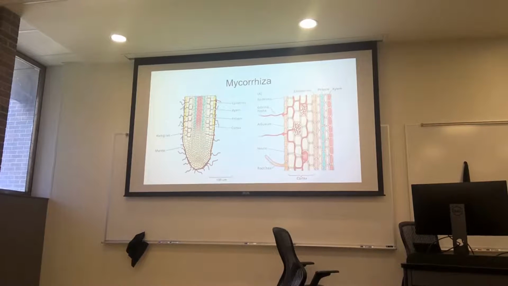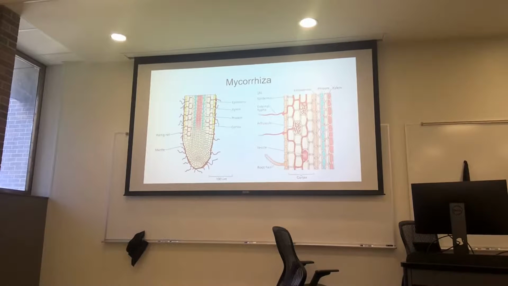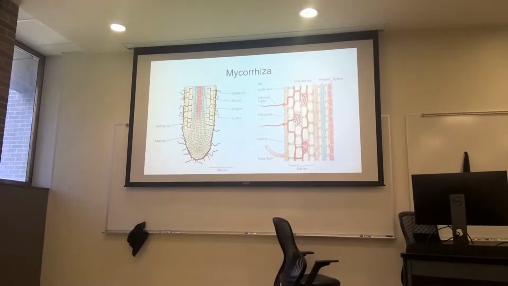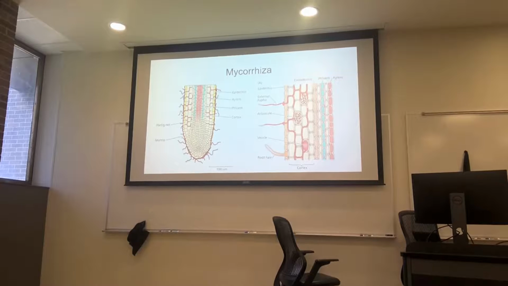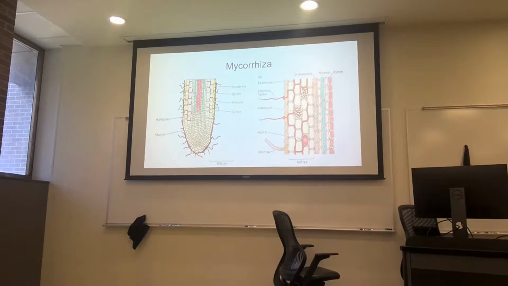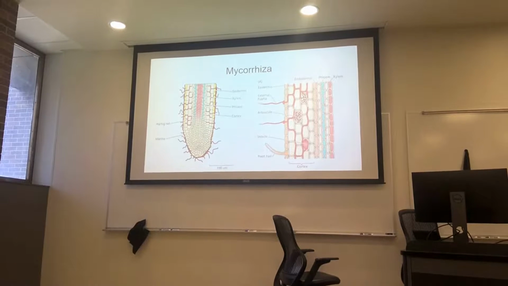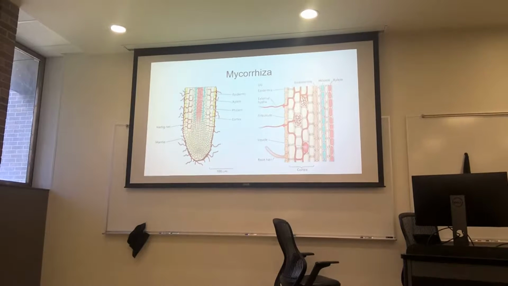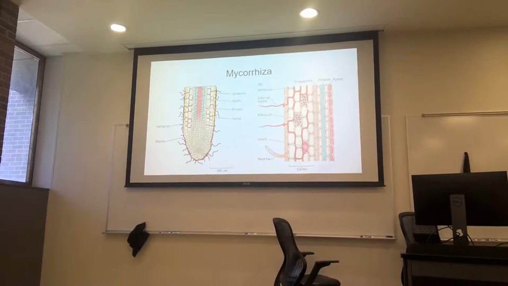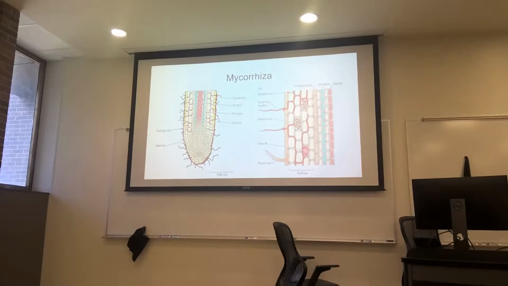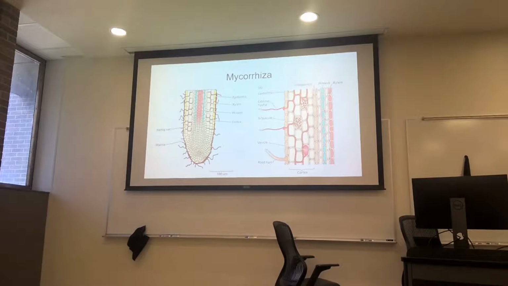What is characteristic of mycorrhizal association? Those are integrated with, yeah, they are all integrated with the root itself. So it's a tricky association because, as you can see here, the fungus is actually in the plant.